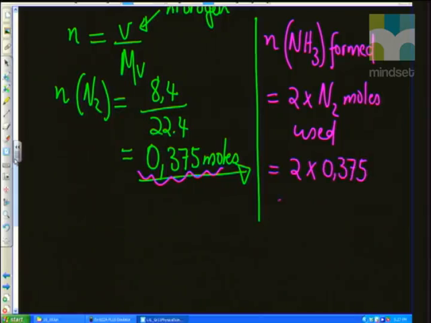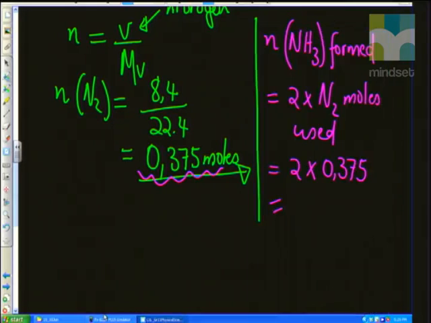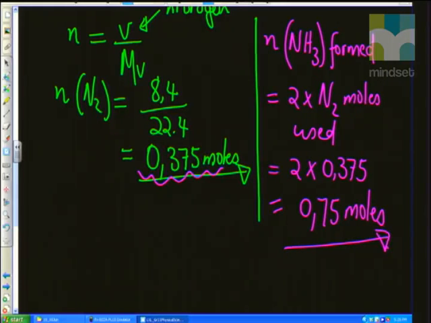0,375, and that will be equal to, what is 0,375 times 2? Just multiply that by 2 and we get 0,75 moles. So 0,75 moles of ammonia have been formed.